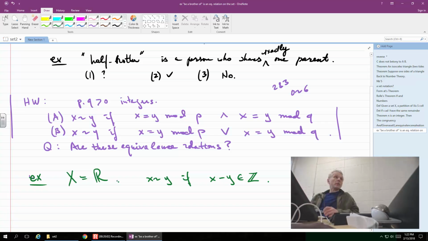So, for example, 1 is equivalent to 2, and to 3, and to 4, and to 5. Okay? So all integers are equivalent, but also 1.5 is equivalent to 2.5, equivalent to 3.5, and so on. As long as the difference is an integer, the two numbers are equivalent.